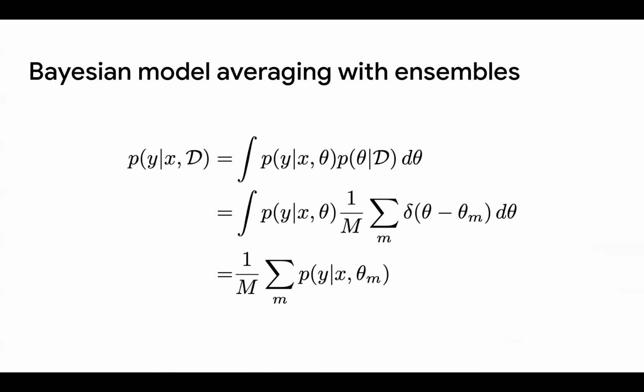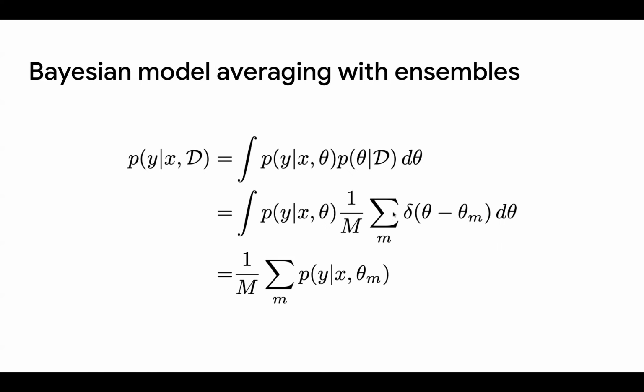Now, you have trained M models, and what you do eventually is as follows. You do Bayesian model averaging, but now the posterior looks like a mixture of deltas. And one rule for the delta distribution is that if you have an integral with a delta, where the argument going into the delta has some constant subtracted, then you can replace the delta inside the integral with the constant value that is subtracted.